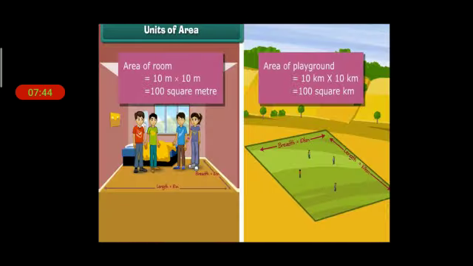So, students, the area of a room is 100 square meter and the area of a playground is 100 square kilometer. If we talk about area, we put sq or square for area.